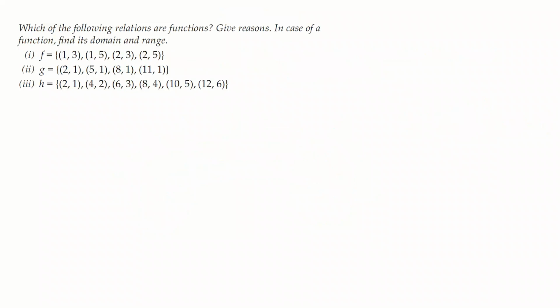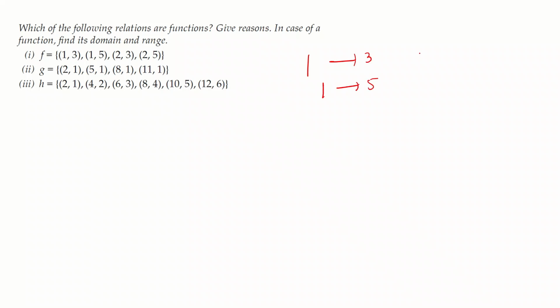So there are three relations that are given to you. Now you have to tell me which of these relations is a function and which are not. So let's try to understand this. The first one, F, is given by 1 comma 3, 1 comma 5, 2 comma 3 and 2 comma 5. So this relation is not a function because you see 1 is going to 3 as well as 1 is going to 5.